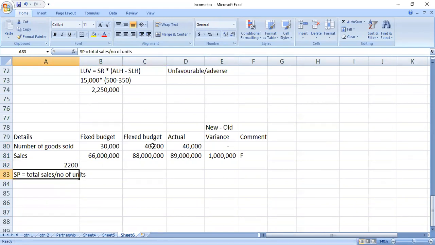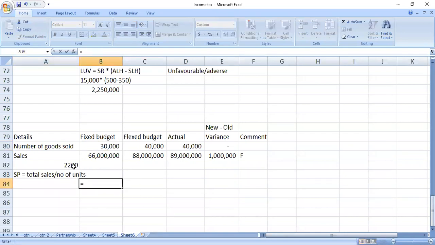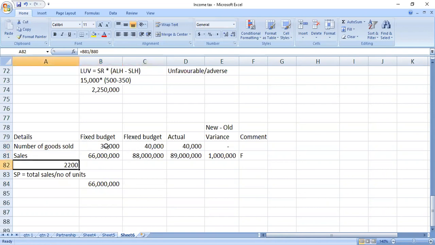This is the formula, total cost divided by the level of activity. In short, we got this 2,200 and multiplied it by 30,000 to come up with 66. So if it's not 30 and instead 40, what will be the value here? You get 22 times 40, and you get the 88.